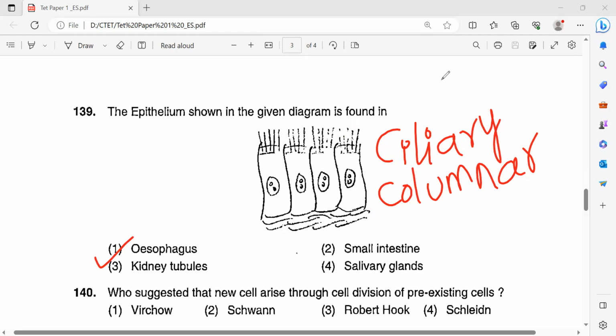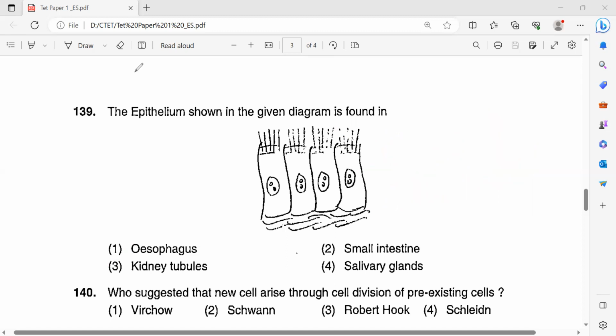Our kidney is involved in absorption, excretion, and transportation of urine, minerals and nutrients; reabsorption of nutrients and water takes place. Ciliary columnar epithelium plays an important role in the kidney tubules. So option C or option 3 is the right answer.